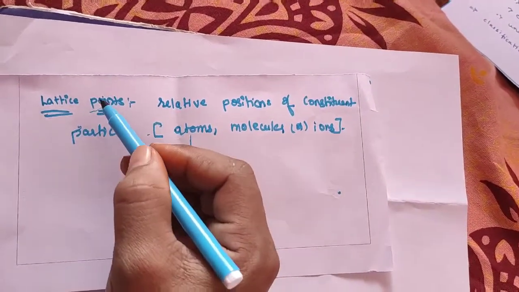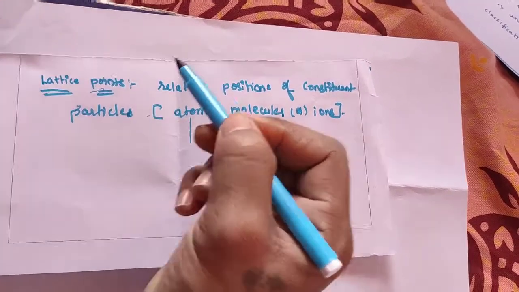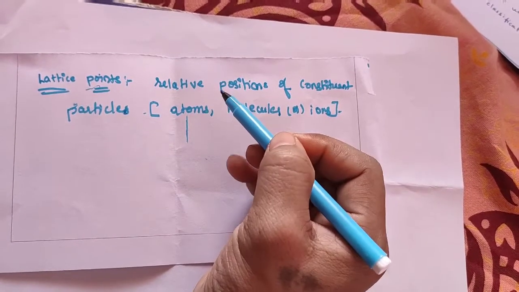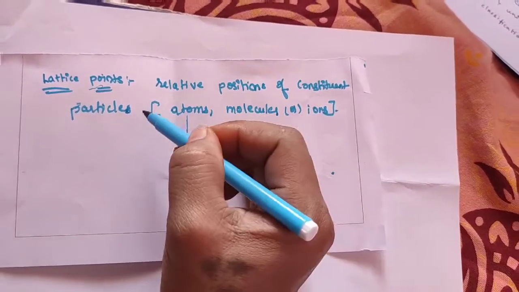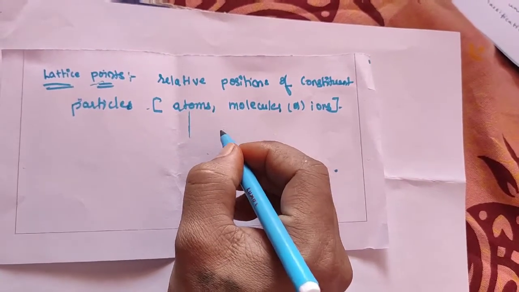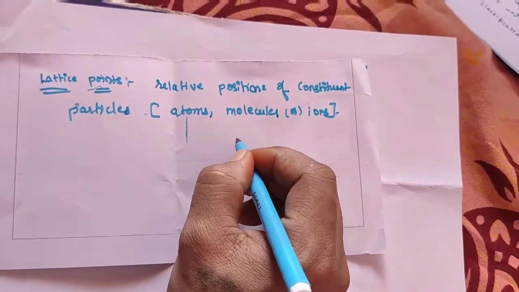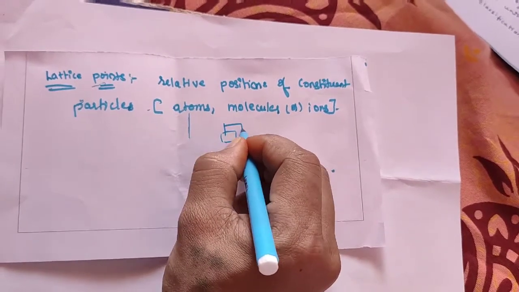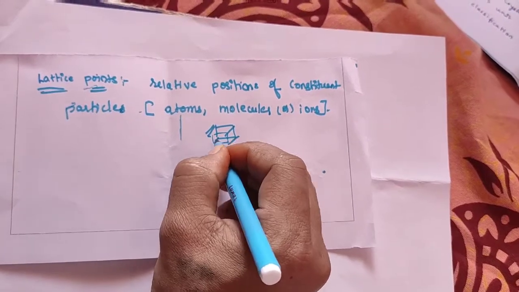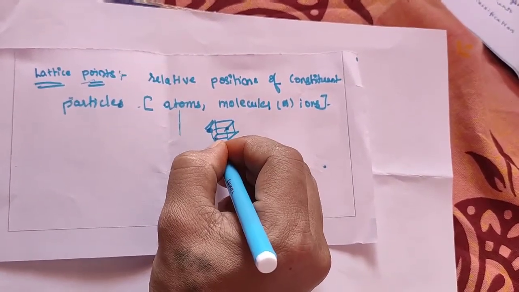So how do you define the lattice points? Lattice points are the points that indicate the relative position of constituent particles. If you take any one crystal lattice, in that crystal lattice we have to know particularly the relative positions.